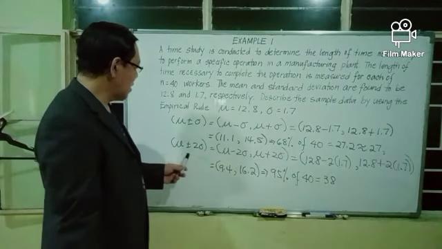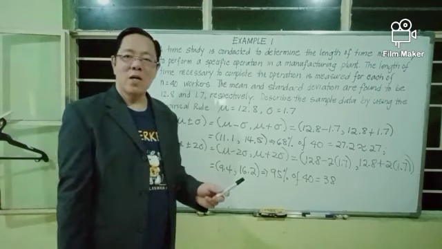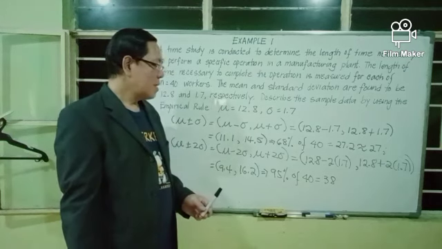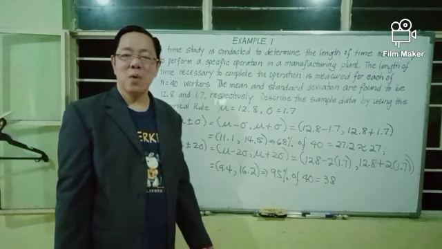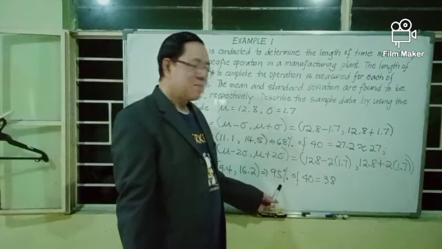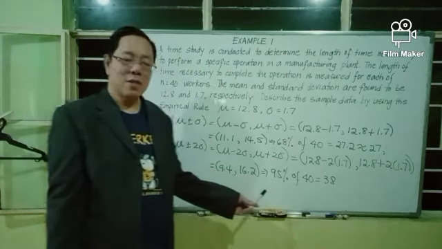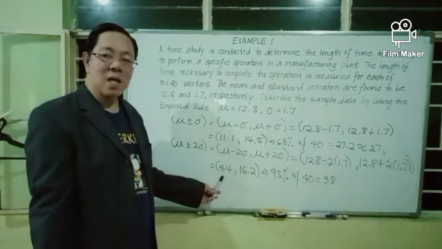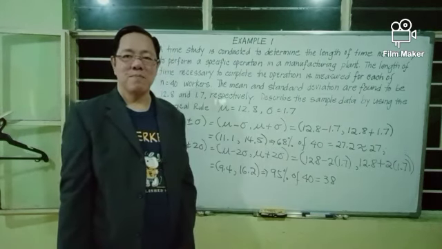Also, for the interval mu plus or minus 2 sigma, Chebyshev's theorem says that 8/9 or 88.89% of the measurements, or 88.89% of 40, are contained in the interval 9.4 and 16.2 units of time.